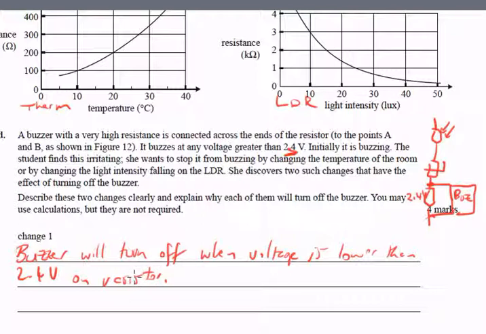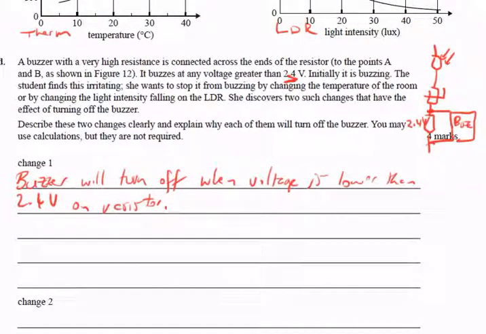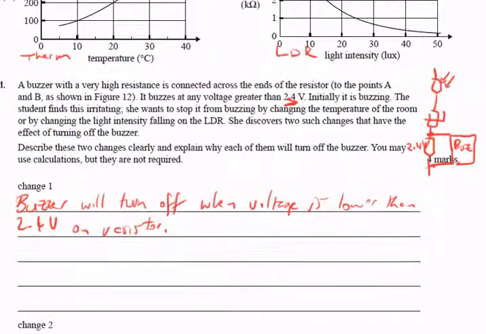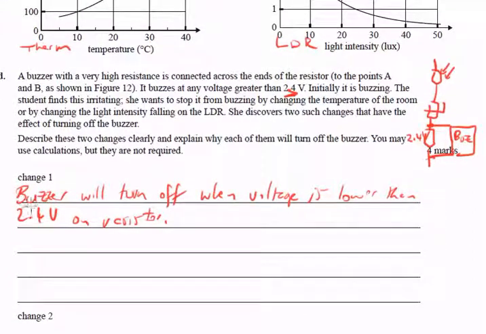Okay, so we're going to do 2 ways to lower the voltage across the resistor. The first way is to have more voltage across the LDR. So I want to increase the voltage on the LDR, and it'll get more voltage if it's got more resistance.